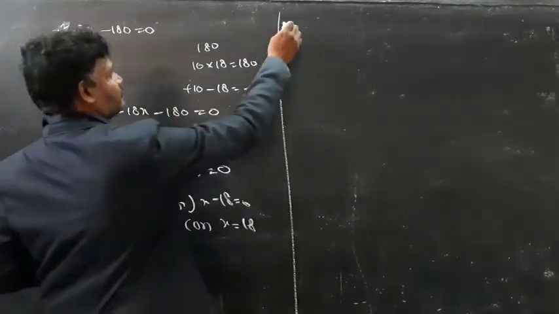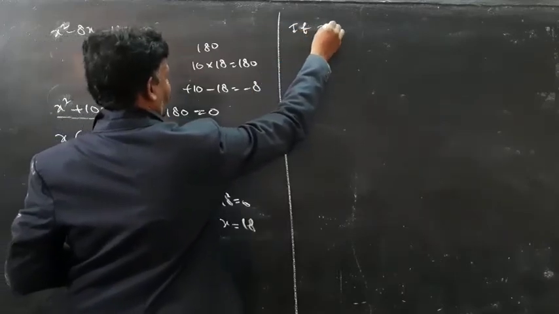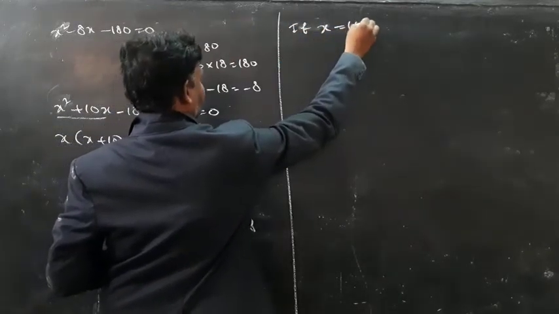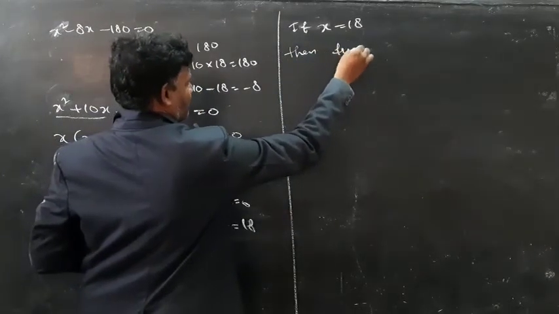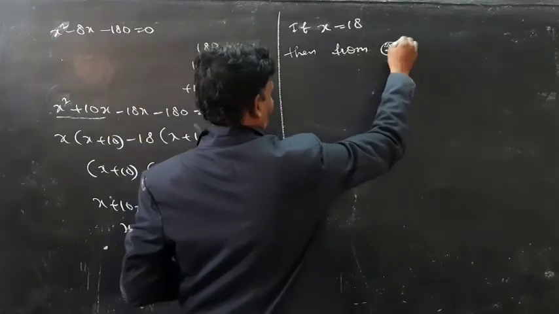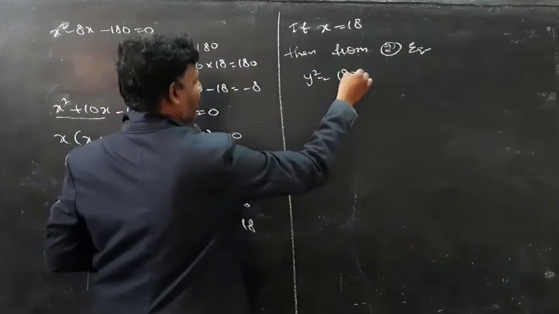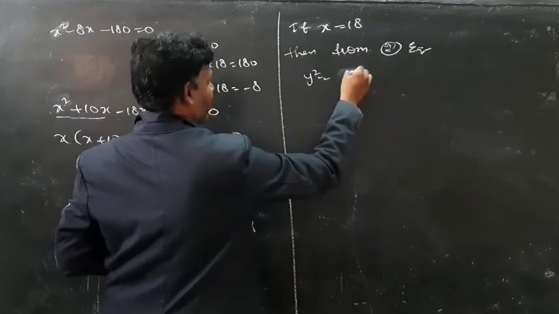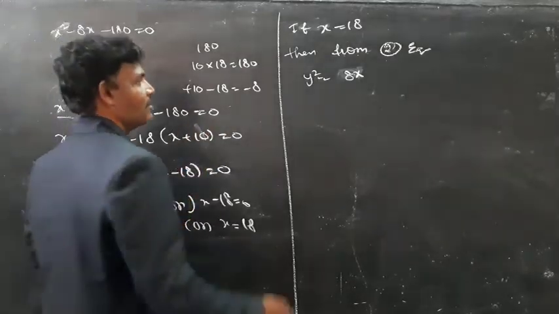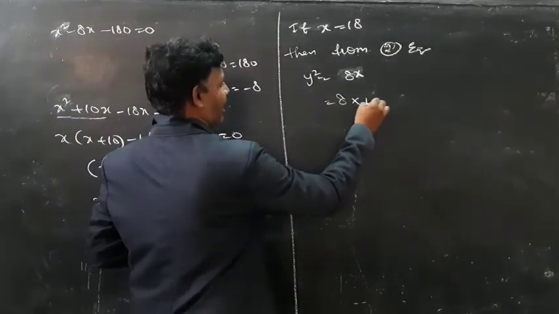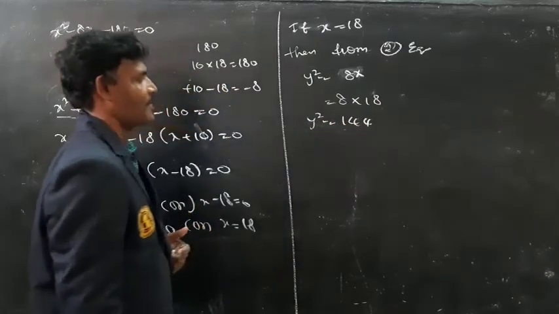See here, if x is equal to 18, then from the second equation, y square is equal to 8x, the square of the smaller number is 8 times the larger number. It means y square is equal to 8 into 18, then y square is equal to 144.